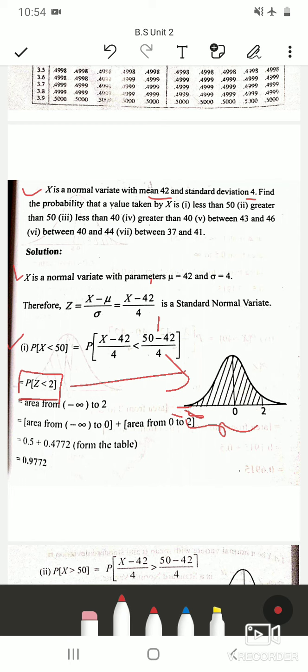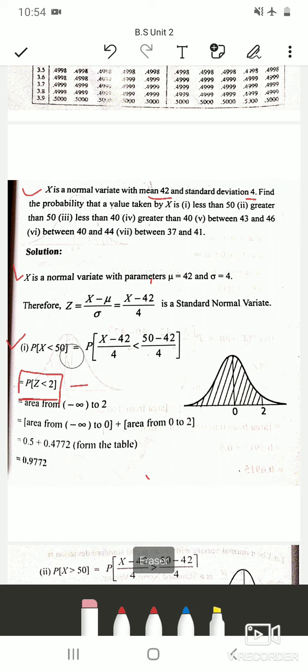How can we find this? We know this area is 0.5. We had just seen that half the area is completed, shaded. That is, the area from 0 to minus infinity is 0.5, plus the area from 0 to 2. So this gives us the area from minus infinity to 2. This is written as the area from minus infinity to 0 plus the area from 0 to 2.